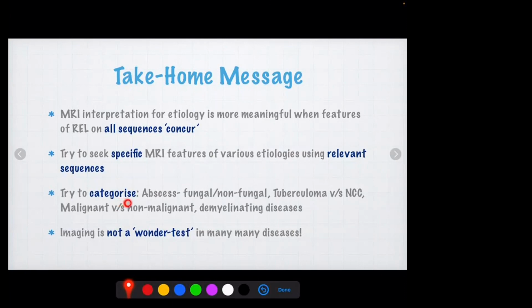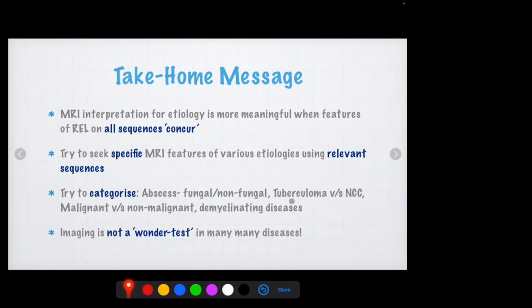We should mainly try to just categorize. We would not get the final answer always about the type of organism or the subtype of the tumor, right? But at least we can know the basic category of what type of lesion it is from the MRI. So we can say this is an abscess. We can also say it is a fungal abscess or a non-fungal abscess.